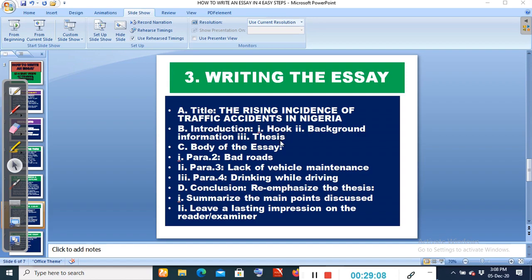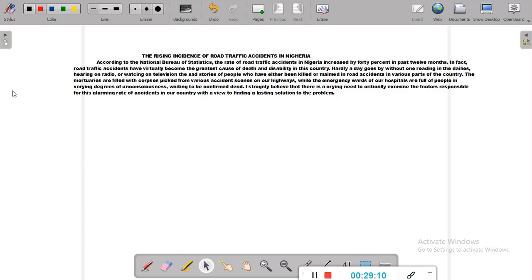So let's really look at how to do it. So here we can see specifically what it means. This is our topic. We have written it in capital letters: the rising incidence of road traffic accidents in Nigeria. Take note that this is at the top center of your answer sheet, and then you write everything in capital letters. And once you have written everything in capital letters, you don't need to underline.